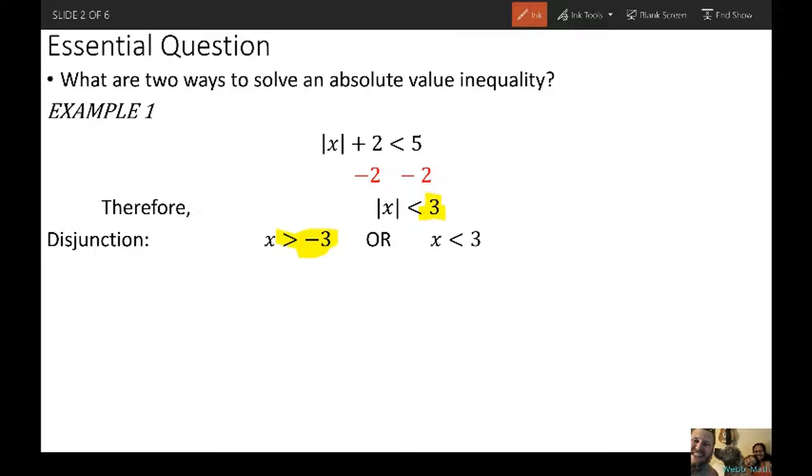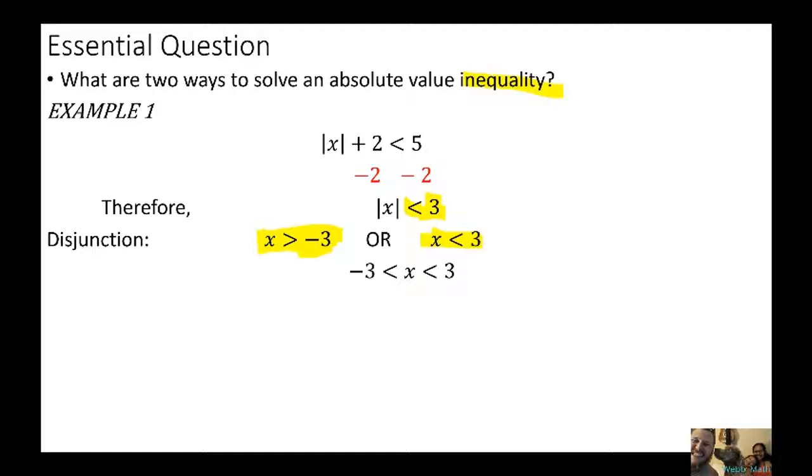But since we're dealing with inequalities now, when you have the negative version in your disjunction, your inequality symbol will flip. So that's something you have to remember. We have x is greater than negative 3, the symbol flipped because it's negative 3, and x is less than 3. If it stays positive, the symbol stays the same.